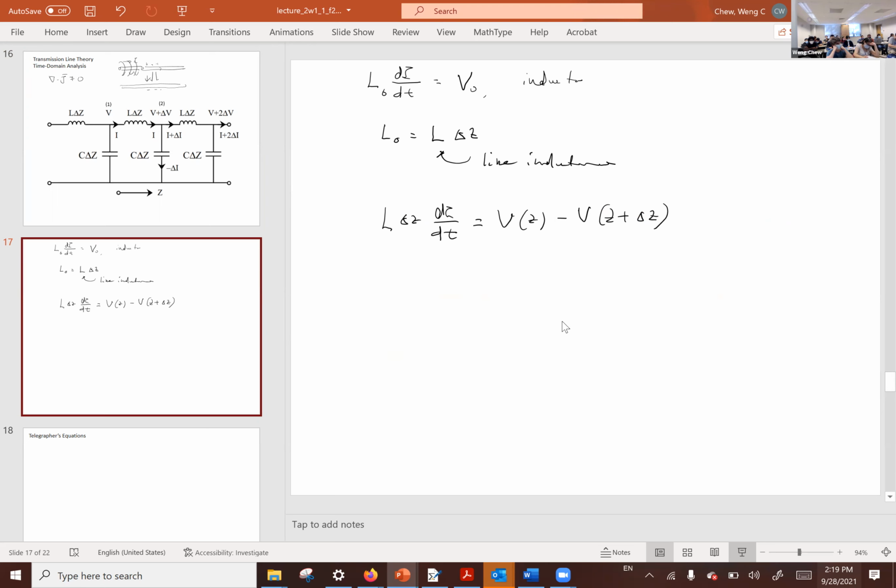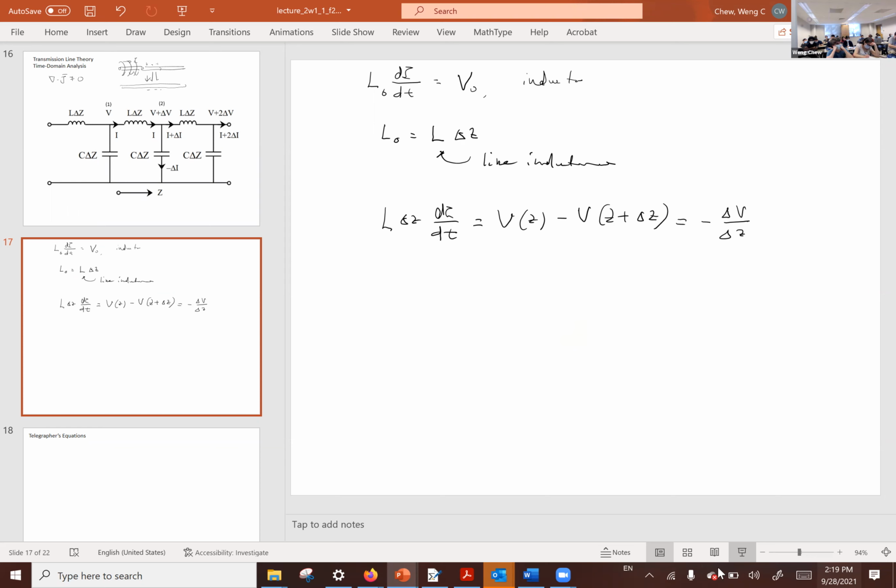And then you now assume that delta z is going to 0. So this would now become something like, let me see, how did I write it? It's minus delta V. Okay, the right hand side can be written as the difference in the voltage divided by delta z.